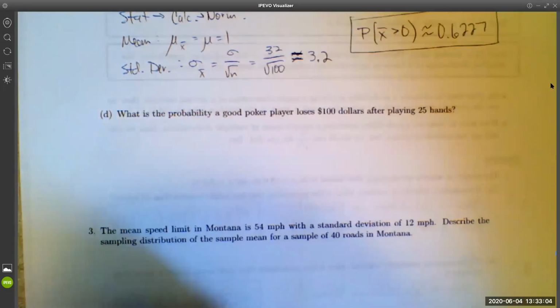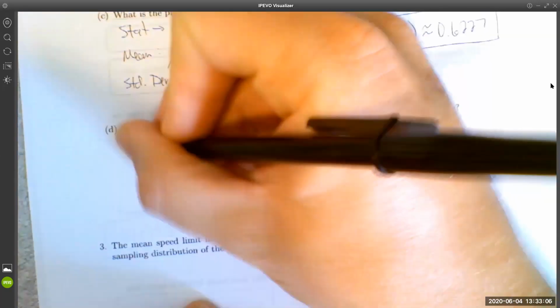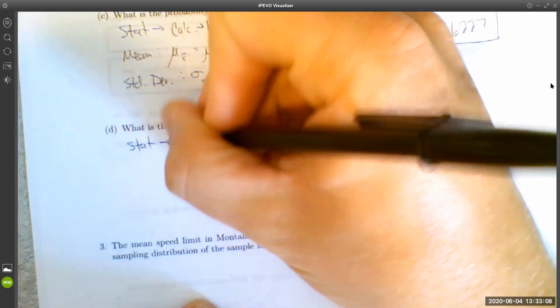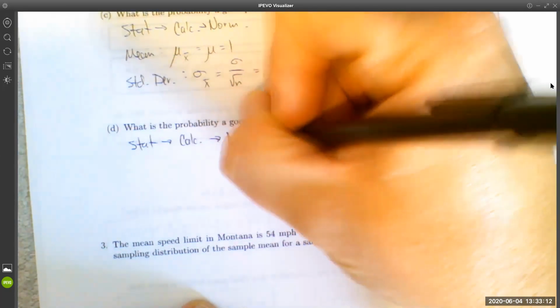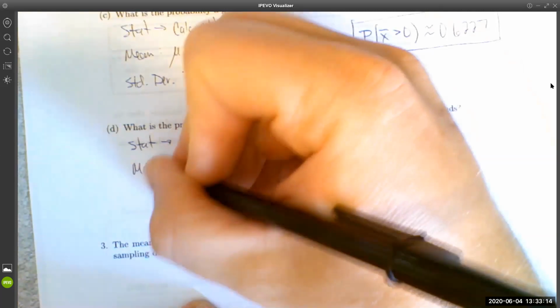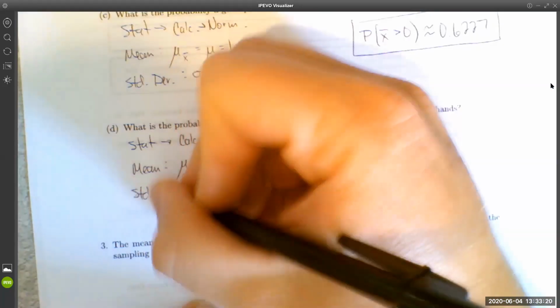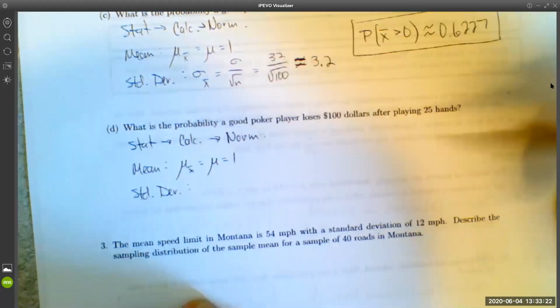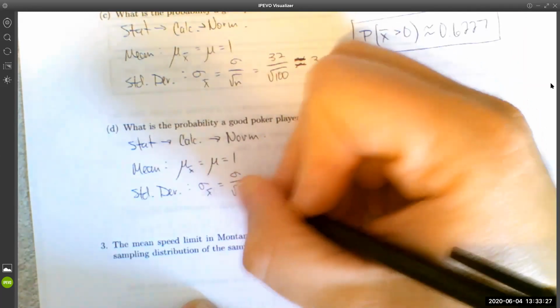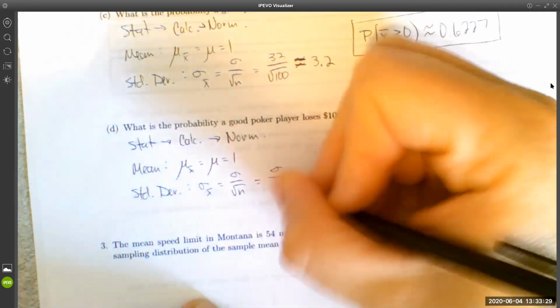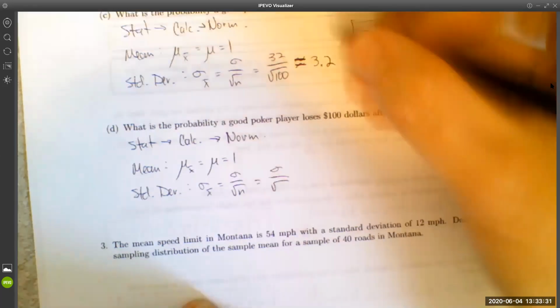Well, again, we're going to go stat, calculator, normal. Again, we're going to put in 1 for the mean. And for the standard deviation, we're going to put in sigma divided by square root of n.